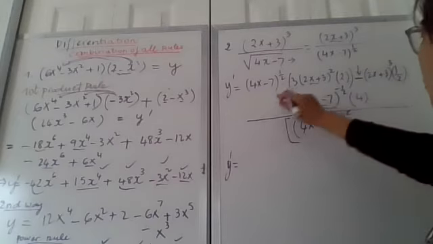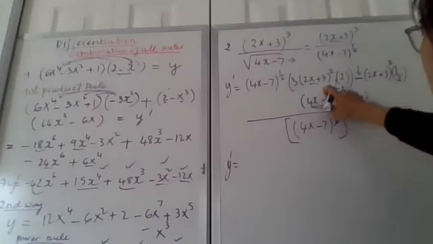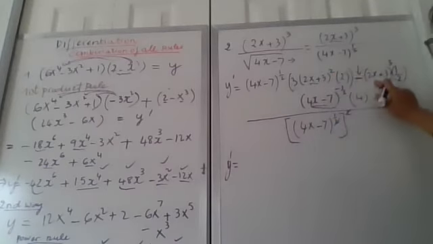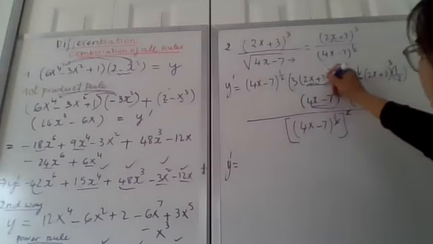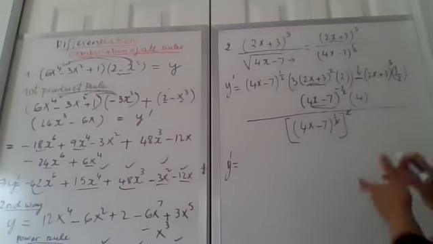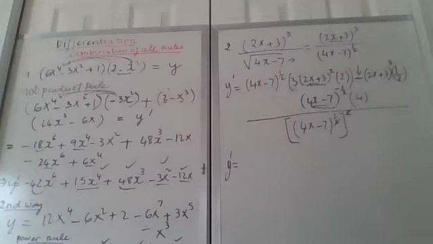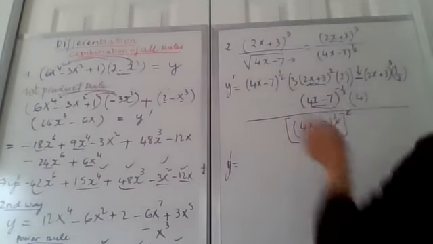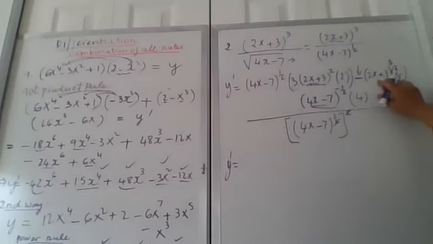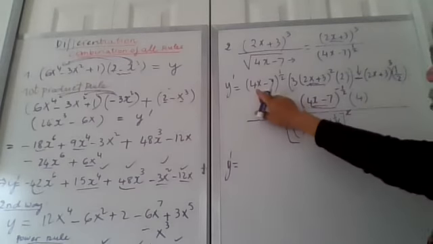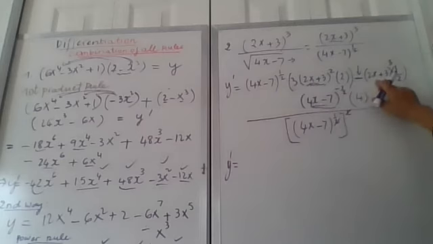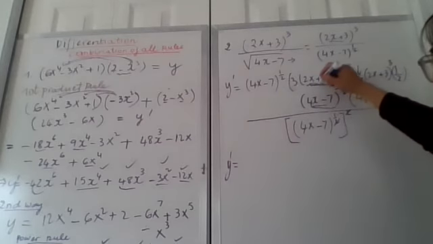Also, 2x plus 3 to the power square as the common factor. Because when we pull out the common factor, we have to choose the least power, right? So there are two common factors going on in here, this expression and this expression. But I'm going to choose the least power, right?